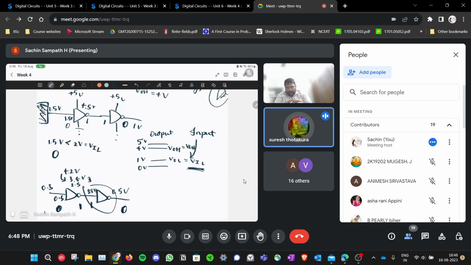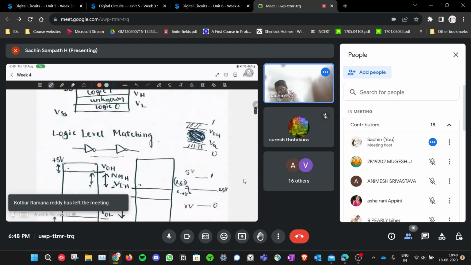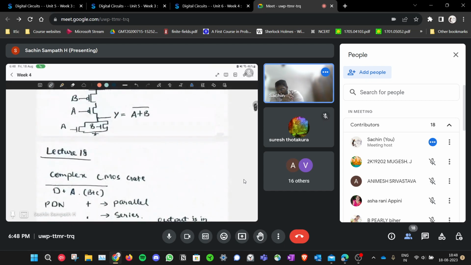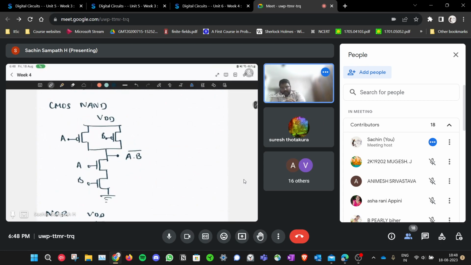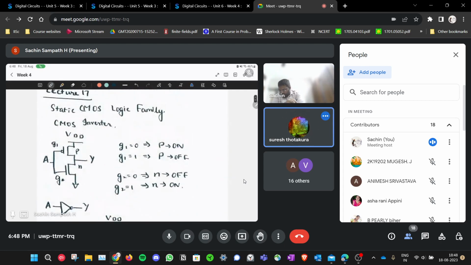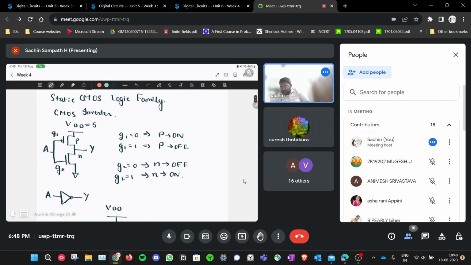Yes. See, when you connect in this circuit, this is the actual circuit, right? In practice, this is how the inverter circuit will be. Okay, that is a NAND gate. Where is the inverter? This is the inverter. So this is at 5 volts, and when you give 5 volts, you say this switch is closed and this switch is open.